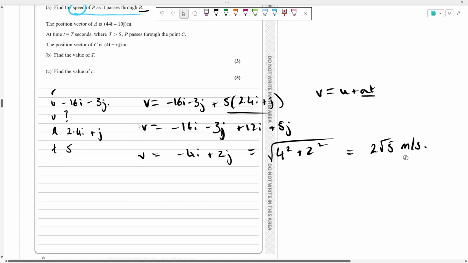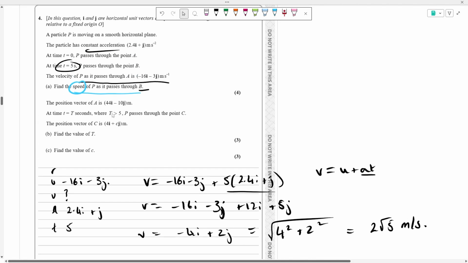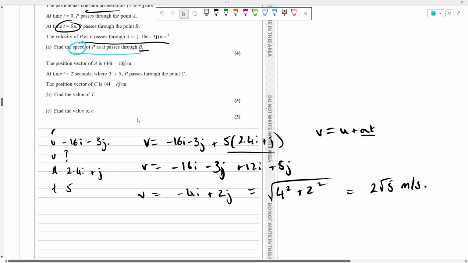Alright, perfect. The position vector of A is 44i minus 10j. Okay, and the position vector of C is this. We do have a constant acceleration. We do have, again, our initial speed. We need to work out the value of t. Okay, I'm going to make another suvat.